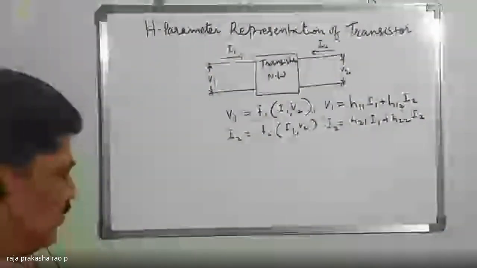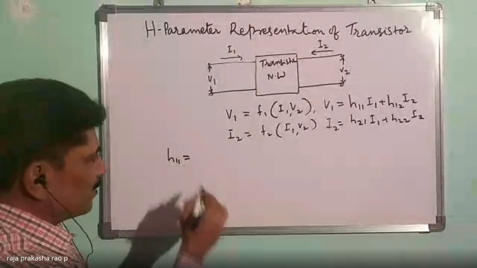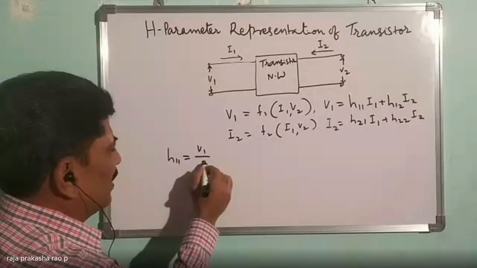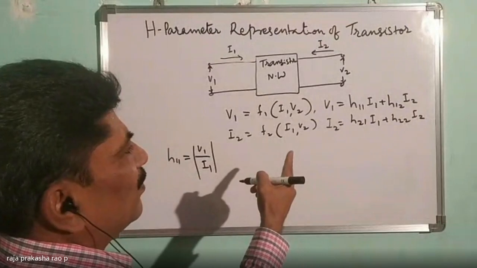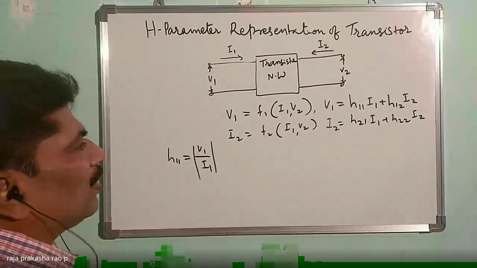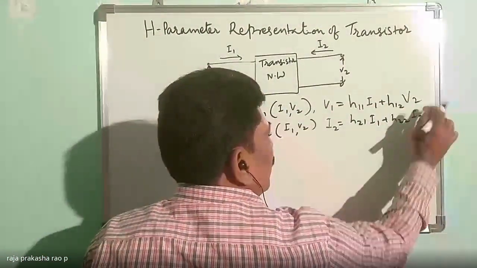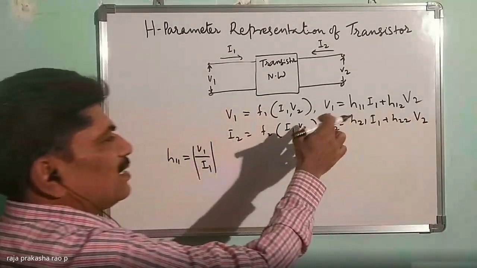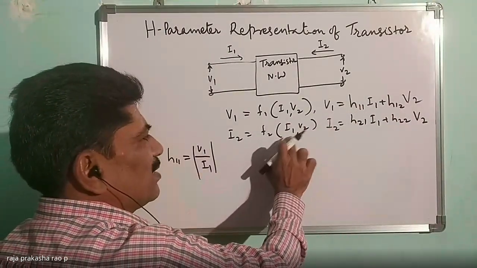Let us define those H parameters now. The H parameter H11 is defined as V1 by I1. No, here it is V2: input voltage is a function of I1 and V2, and output current is a function of I1 and V2.